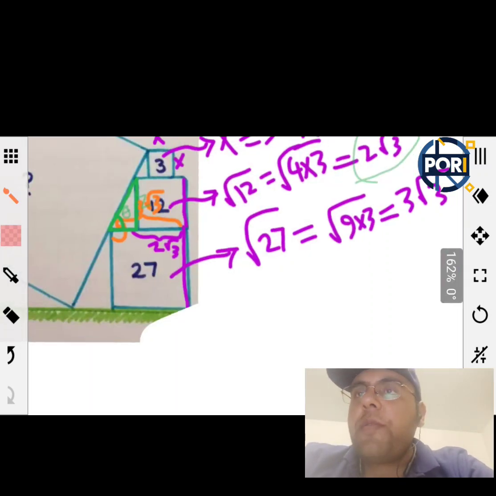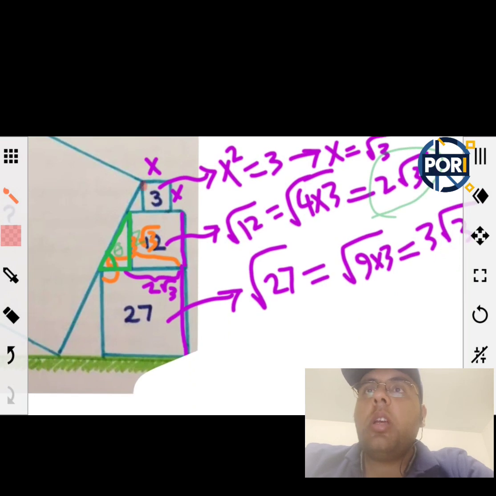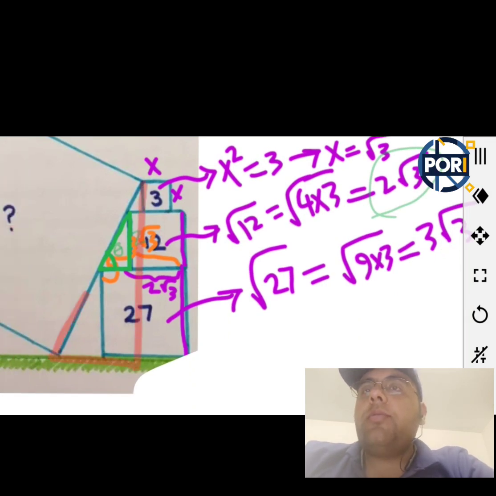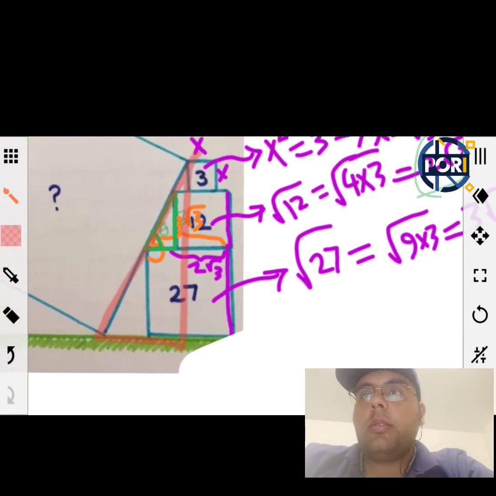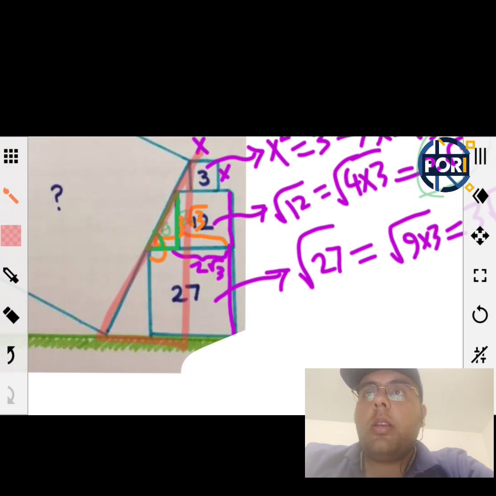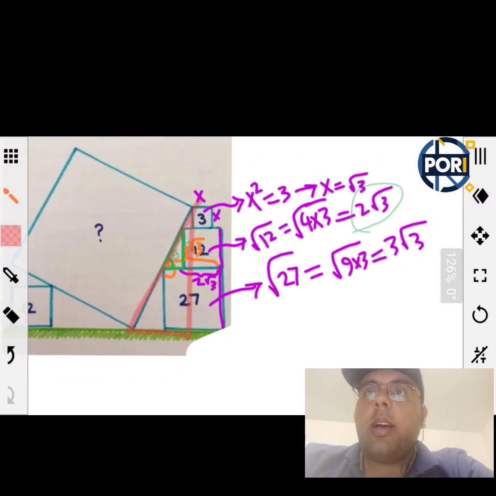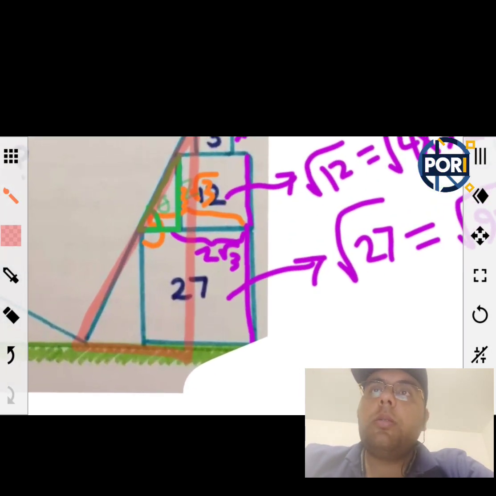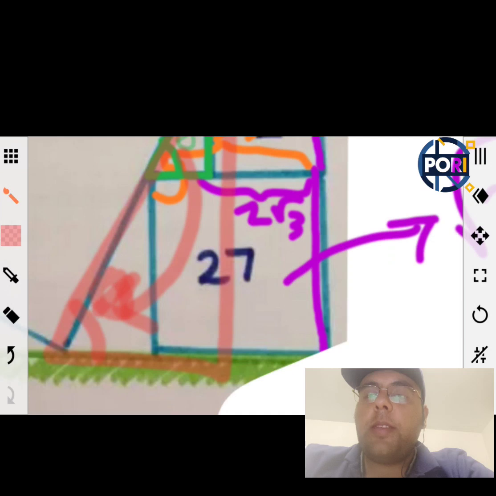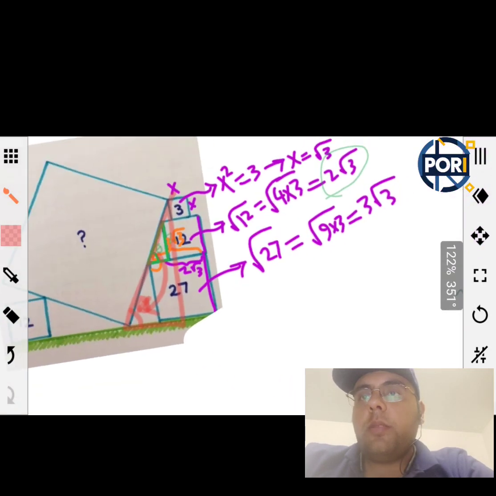Next, we shift our attention to the red triangle. In this triangle, the angle is also equal to theta, and the tangent of this theta equals 2.